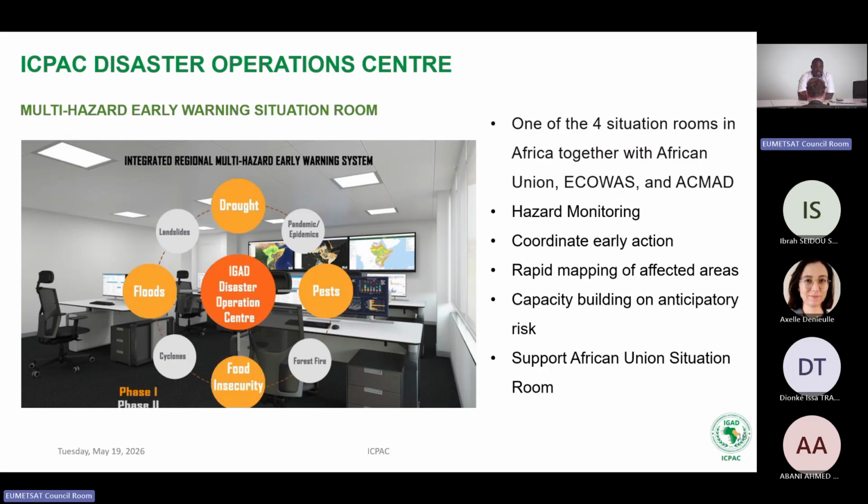The main hazards we are monitoring in Eastern Africa include floods, drought, food insecurity, pests, tropical cyclones, landslides, forest fires, and also epidemics. This is one of the 4 situation rooms in Africa, together with the African Union, the ECOWAS situation room, and also the situation room in ACMAD.